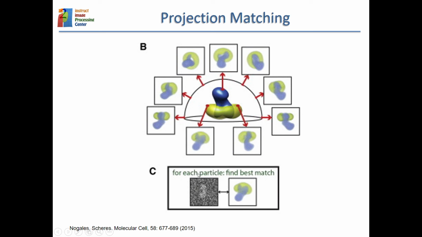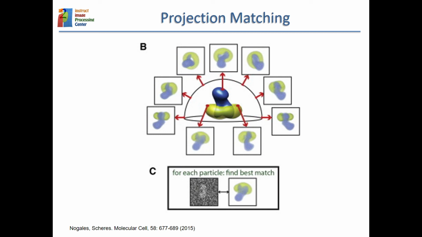So all I have to do is to project this object in many different directions, and then compare this experimental image to each one of the different projections, and then decide that this one is most similar to this one. And for that we are using the correlation that we learned with the bird and the eye of the bird and so on.